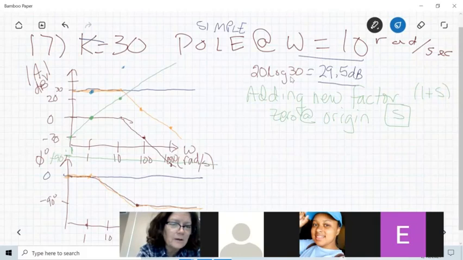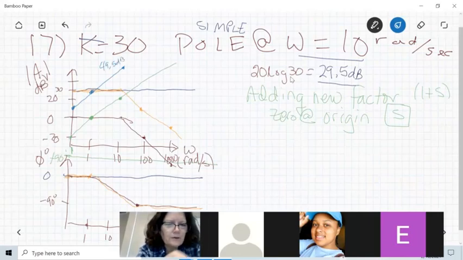I'm somewhere up here. And at 0.1, I have minus 20 plus 30 is around 10. So that takes care of that first region before the change. And this would be 49.5.